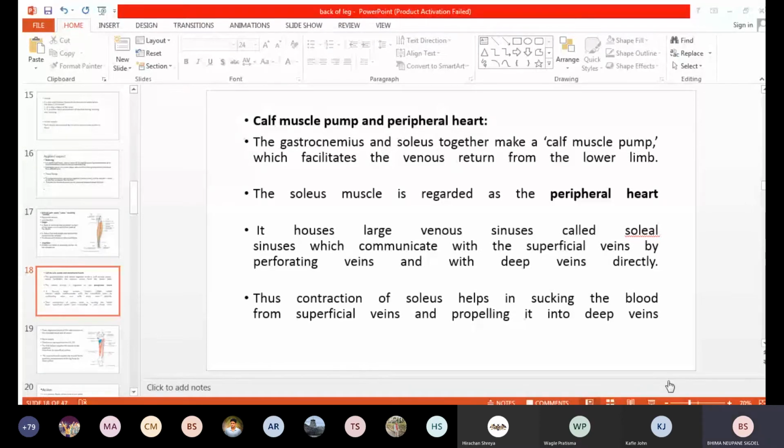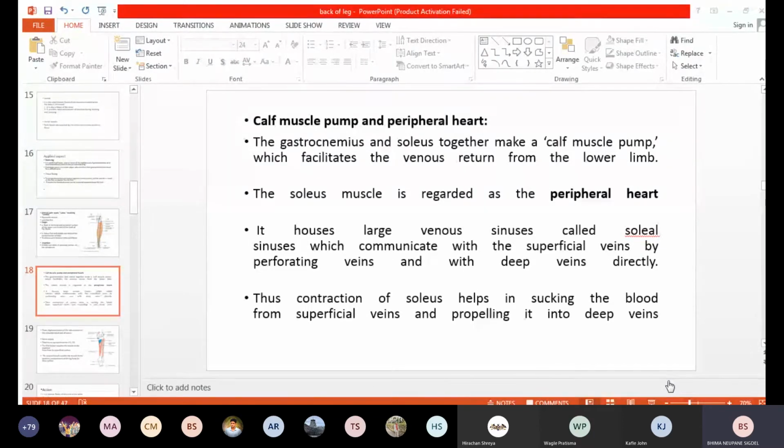within the soleus muscle there are large numbers of venous sinuses present, right? So when this muscle contracts, it helps in the communication of the superficial vein via the perforating vein, and it will communicate with the deep vein directly.